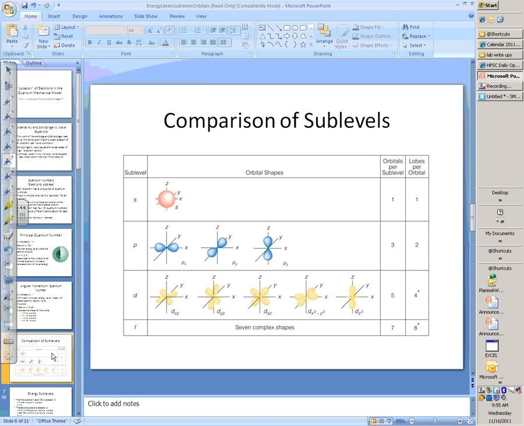Some of these shapes are spherical, some are figure eight-ish, some look like a crisscross, and then there are others like the F orbitals that are real complex and we won't worry about what they look like.